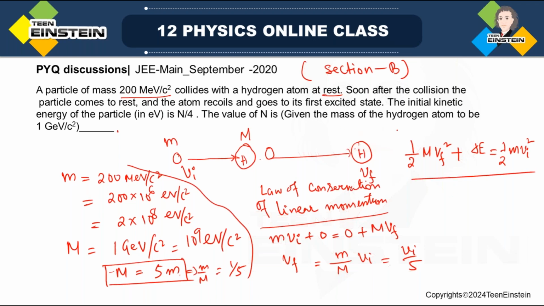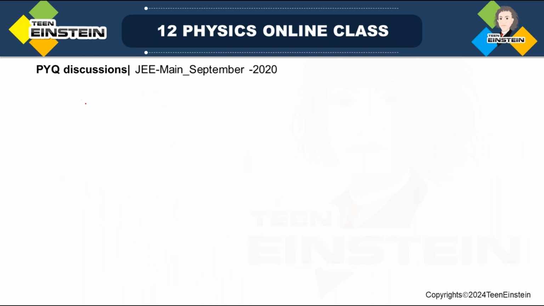This is energy conservation. So from energy conservation we can write half small m vi square equal to half capital M vf square plus delta E. That is the change in the ground state.